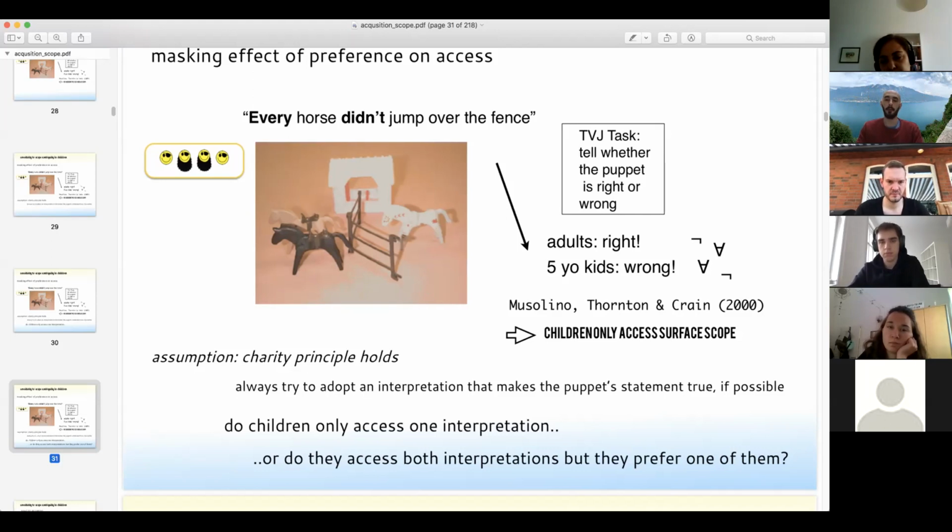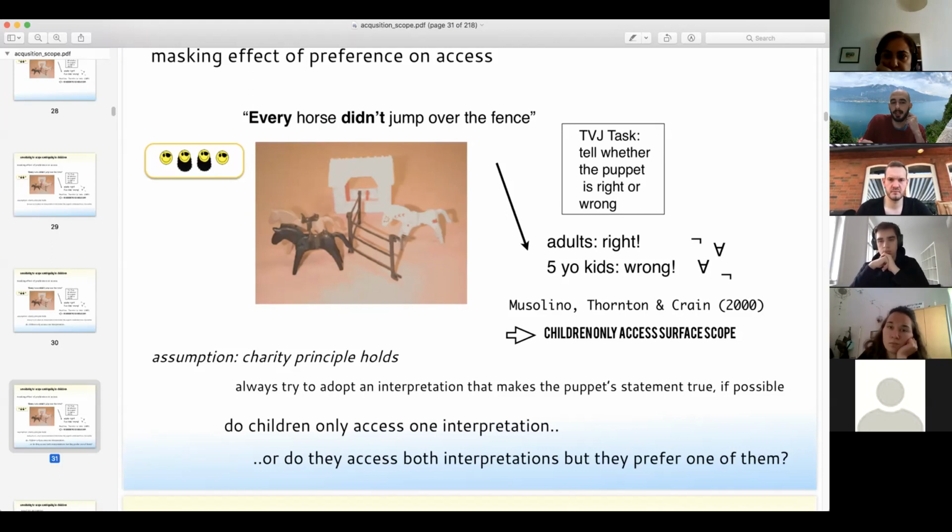Or maybe they prefer the surface scope reading because they like to interpret every note as none, right? So for whatever reason, if it is true that they have a strong preference for the surface scope reading, this preference could actually mask their behavior in rejecting the inverse scope, right?